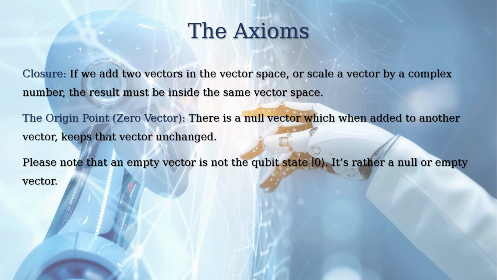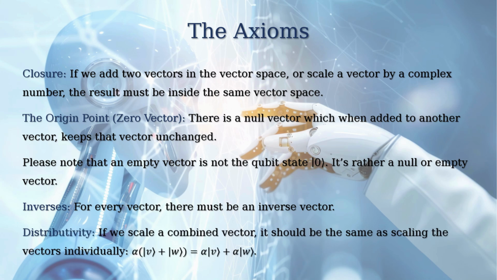Please note that an empty vector is not the qubit state ket 0. It's rather a null or empty vector. Inverses. For every vector, there must be an inverse vector. And distributivity. If we scale a combined vector, it should be the same as scaling the vectors individually.